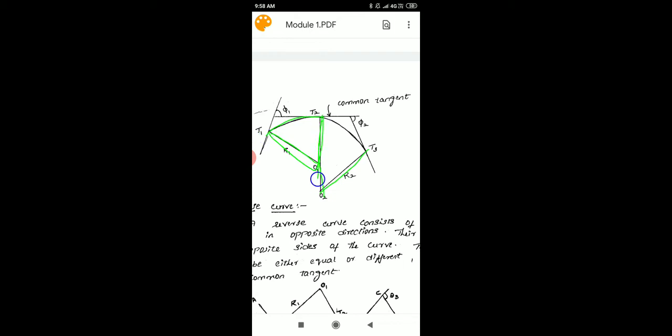By using this line and R1, one more curve will appear. See here, by using T1, T2 and T3, all these tangents, and the radii, the curves will appear.